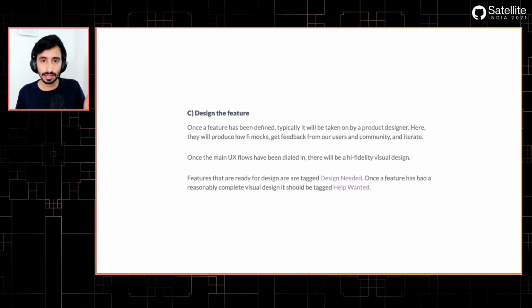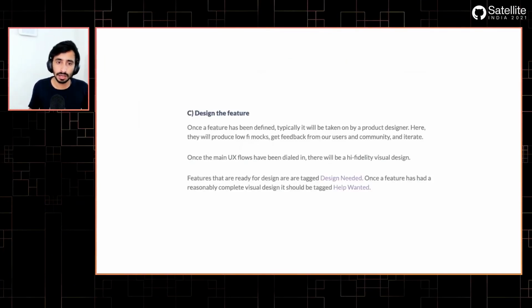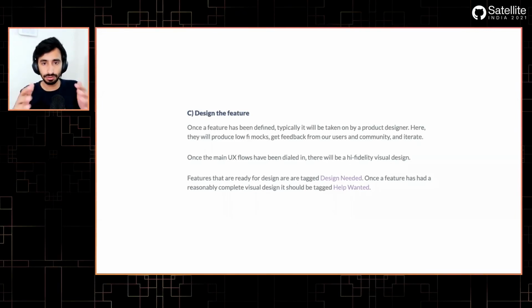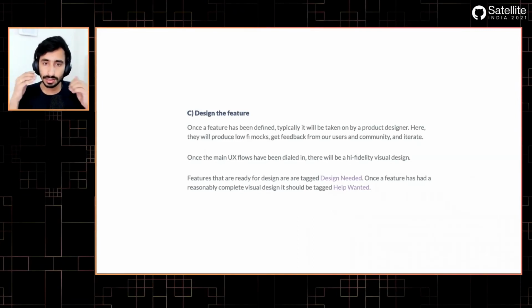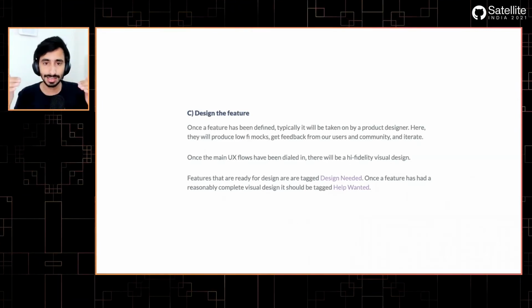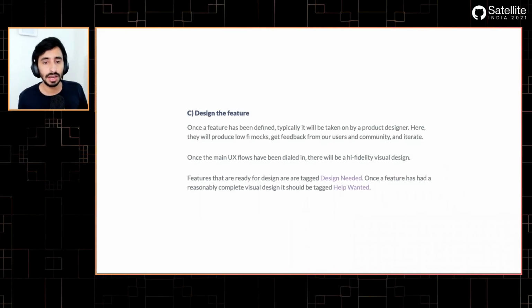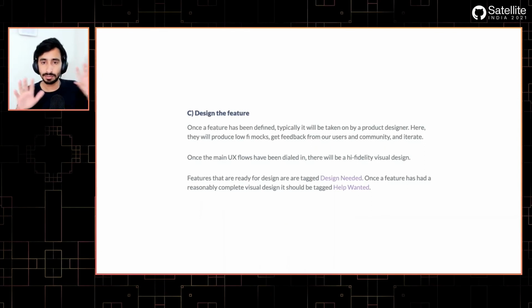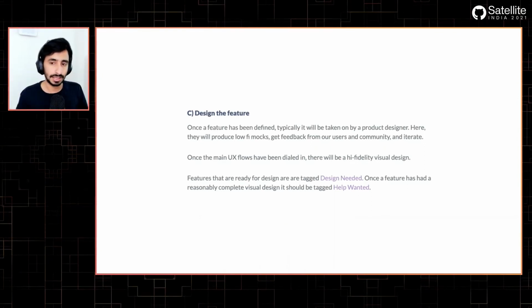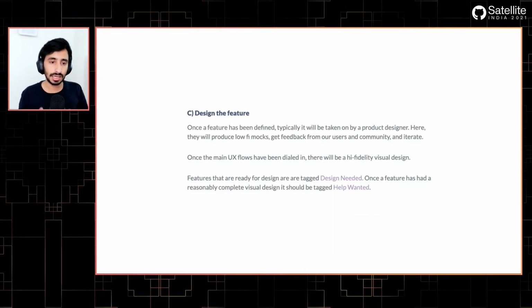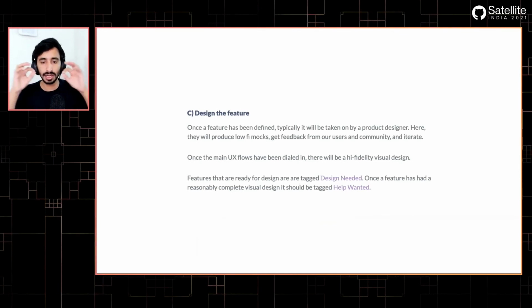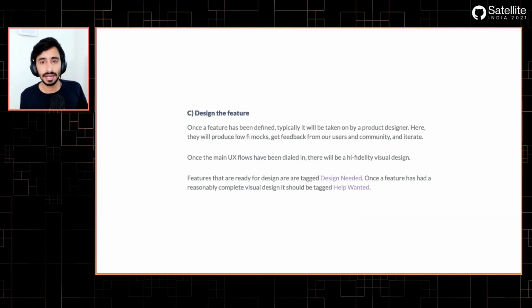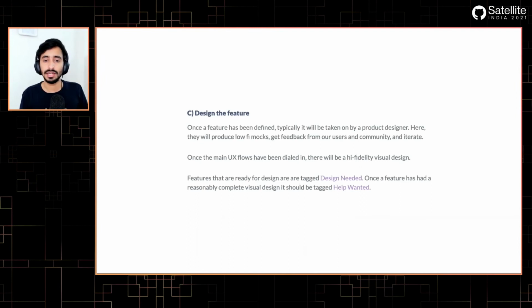I can give an example of Metabase. If you look at their contribution guidelines, there is a section where they design the feature. Even though it might be their internal team working on it, it's very clear that the set of issues tagged with design needed is specifically for designs.